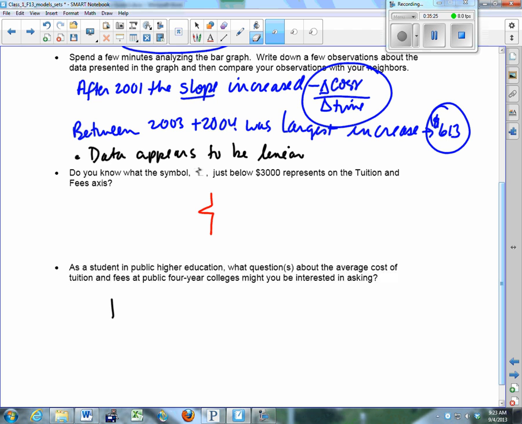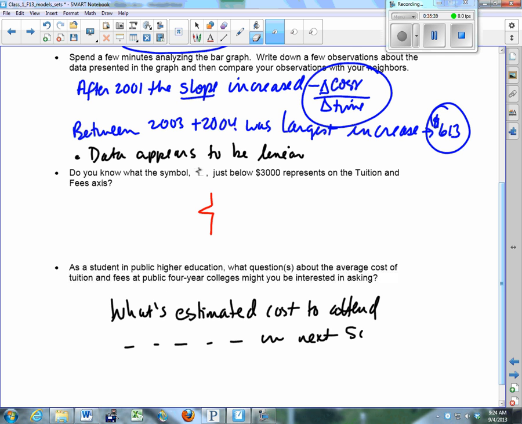What's the estimated cost to attend over the next 5 years? Absolutely. If you're trying to plan ahead, figure out how many loans you're going to have and your debt and all that, sure.